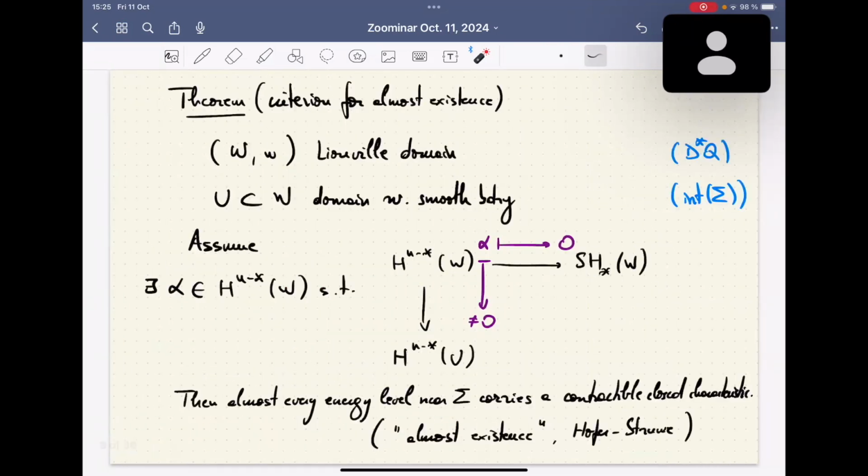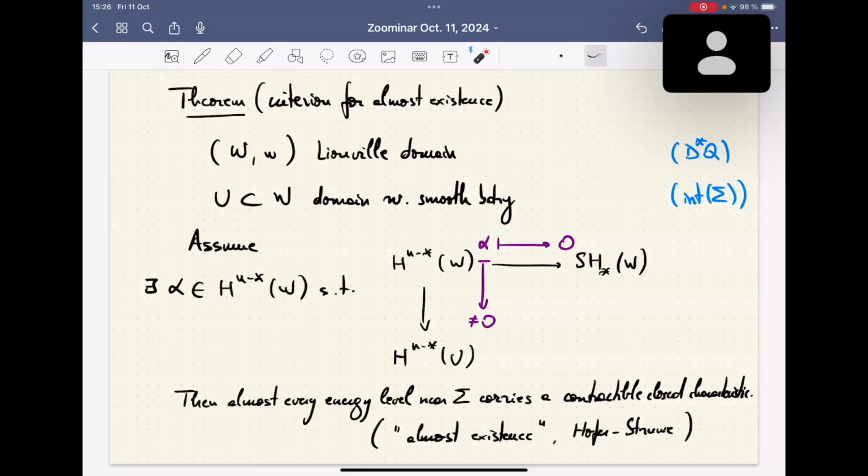So I will state the general criterion for almost existence, meaning existence on almost every energy level near an arbitrary hypersurface of a contractible closed characteristic. Namely, if I pick a domain with smooth boundary, and the smooth boundary of this domain U is my desired energy hypersurface inside the Liouville domain, think cotangent bundle.